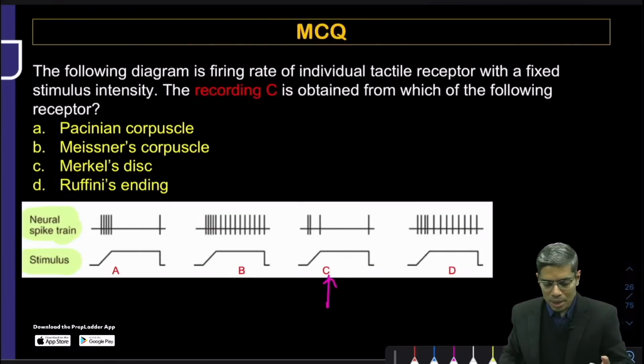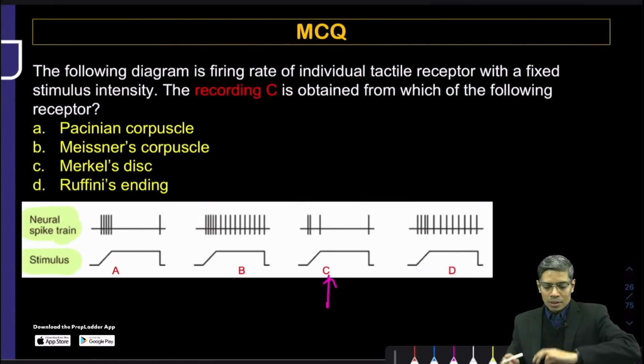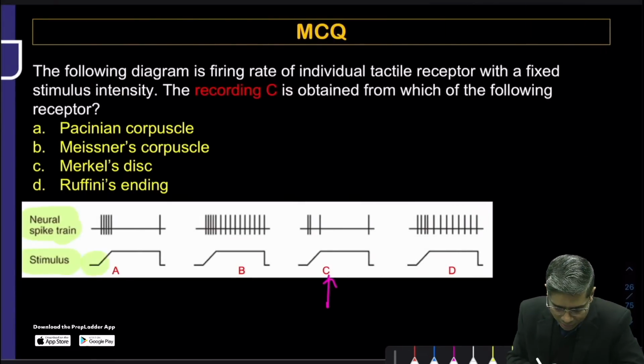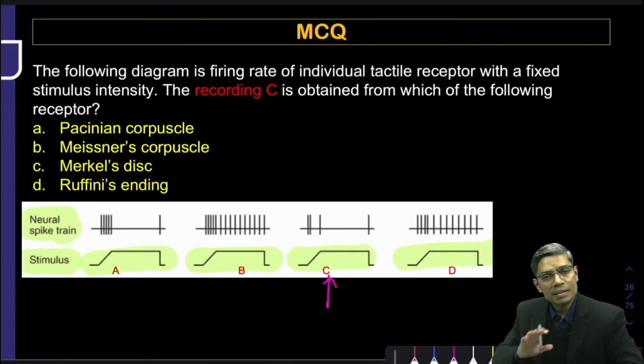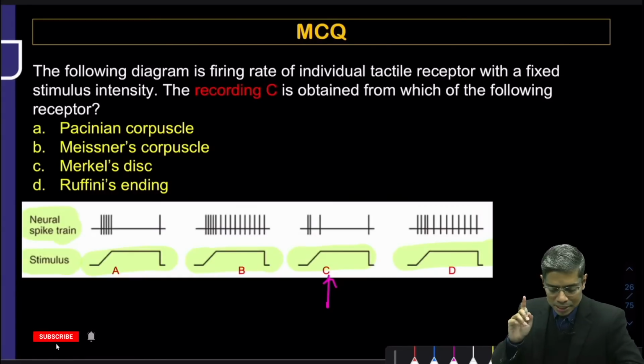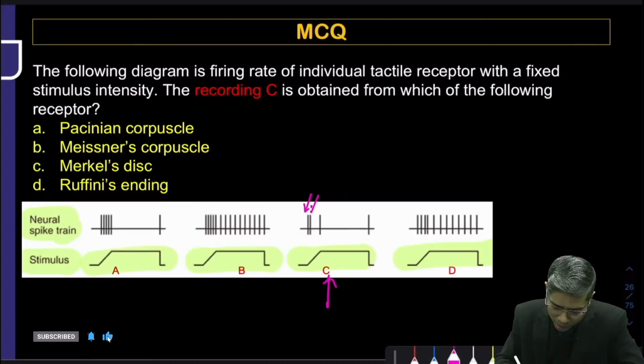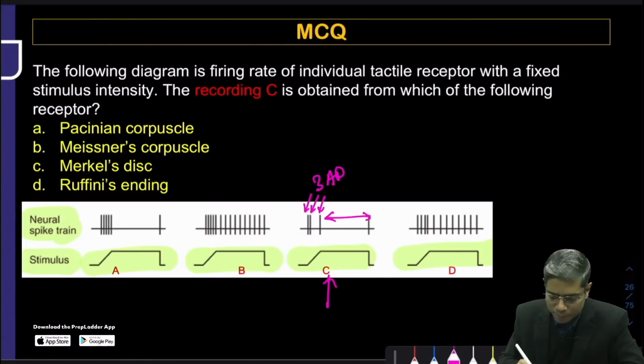Now if I go back to this diagram, in the x axis I can find this is stimulus, this is stimulus, this is stimulus, this is stimulus. The same kind of stimulus is given to all 4 types of receptor, are you understanding? But if I count the number of action potentials, here I can find 1, 2, 3 action potentials, and then there is no action potential for a long time, meaning this is adapted.